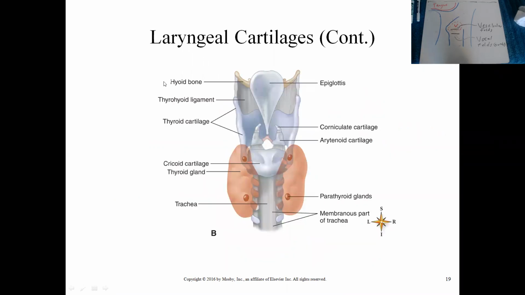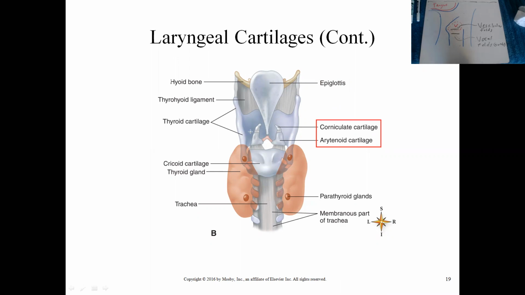Here's a back view, posterior, which is actually quite open. From the back view, we see some other cartilages. Epiglottis is a cartilage. We can see it clearly. There are also two other pairs we see, corniculate and arytenoid.